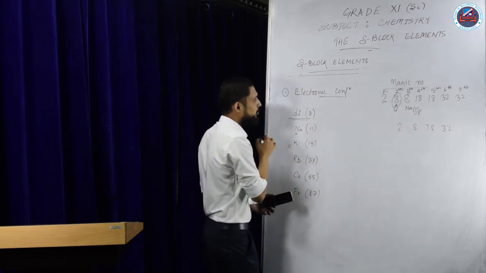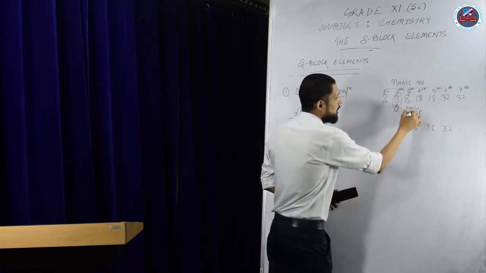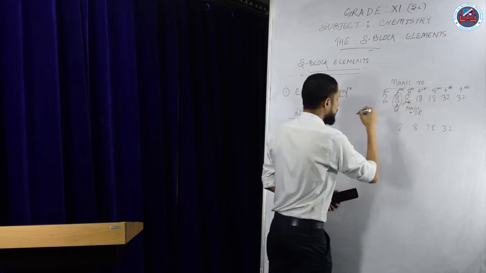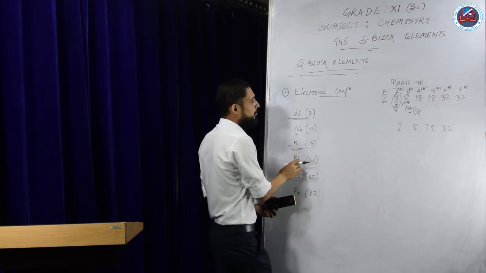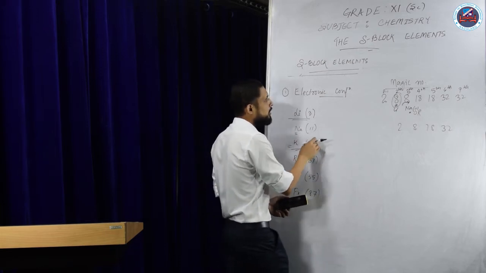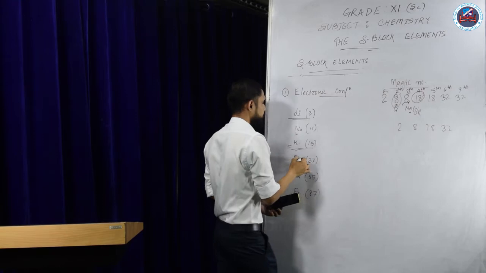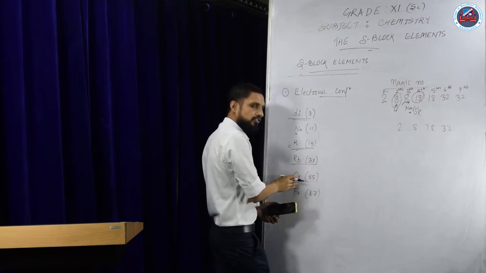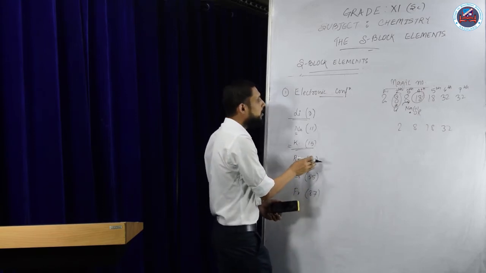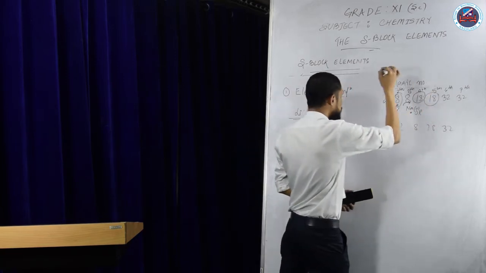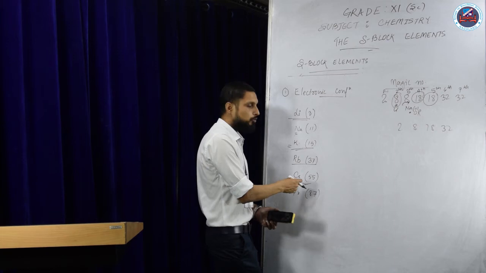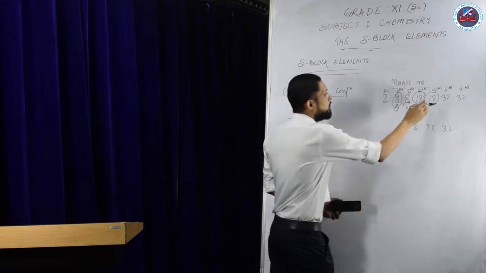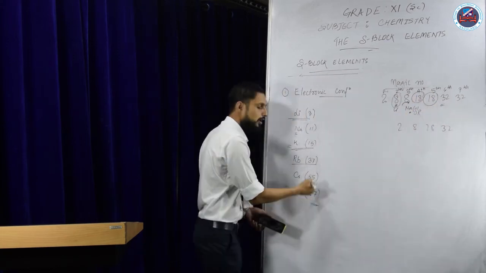Similarly, potassium atomic number will be atomic number of sodium plus 8, that is 19. For rubidium, the atomic number will be 19 plus 18, 37. For cesium, it will be 37 plus 18, 55. For francium, it will be 55 plus 32, that is 87.